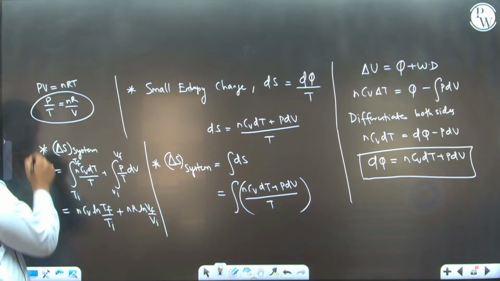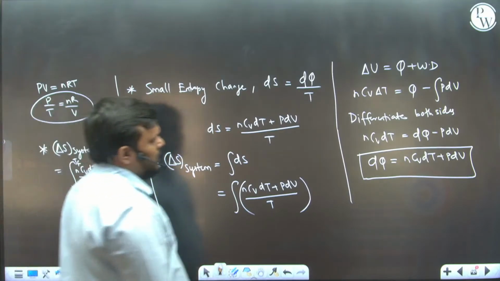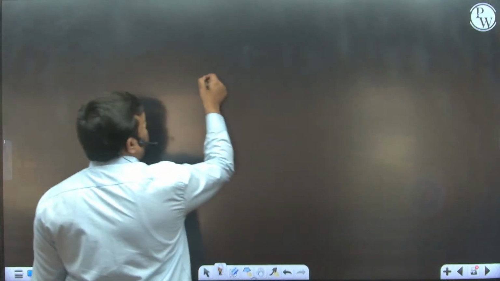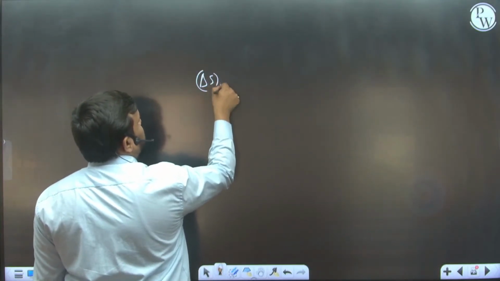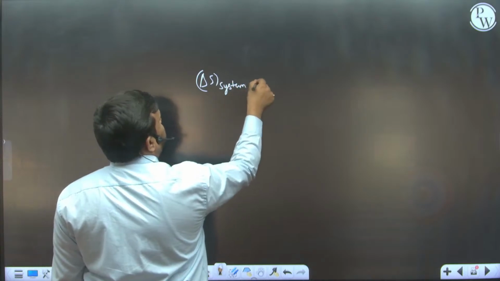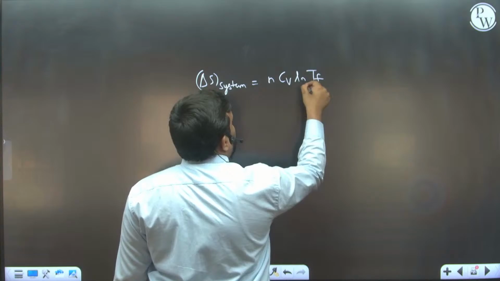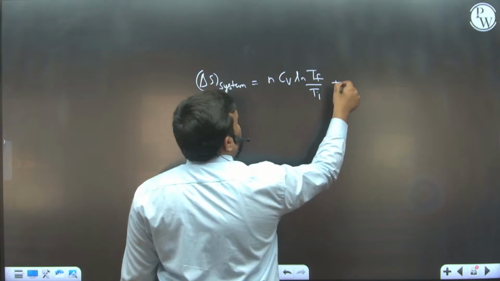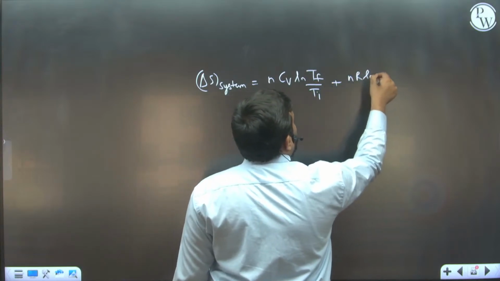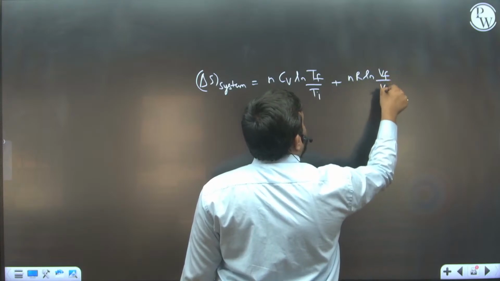This is the delta S system we got. So ultimately, delta S system we got it as nCv ln T final upon T initial plus nR ln V final upon V initial.